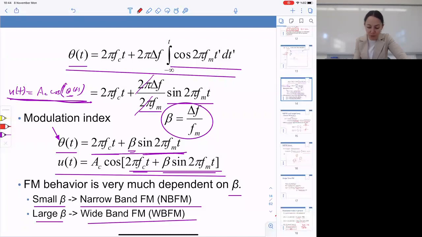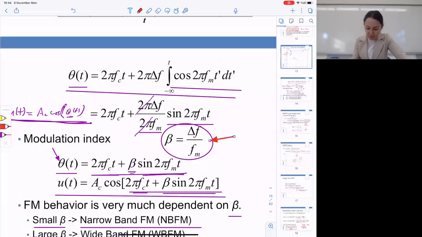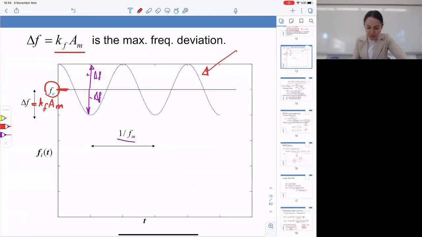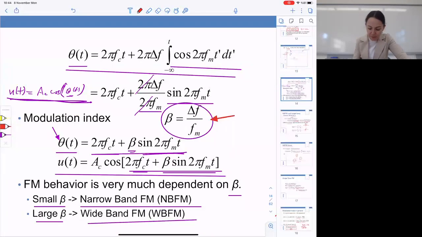In our derivation with a single tone message signal, beta turned out to be delta f over f_m, where delta f is k_f A_m. So we had beta equal to k_f times A_m, which is the maximum amplitude of the signal, divided by f_m.